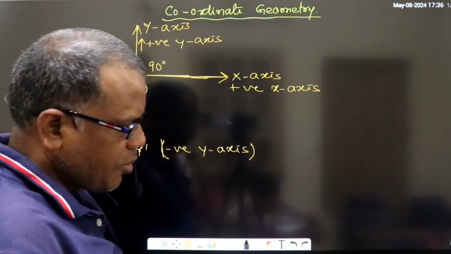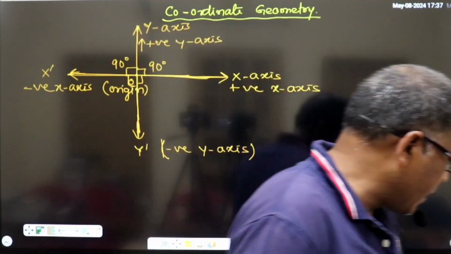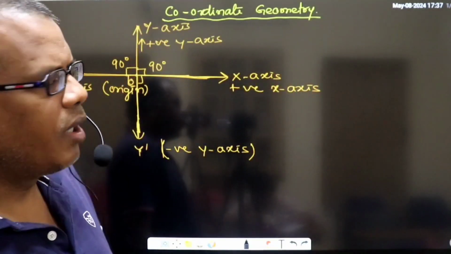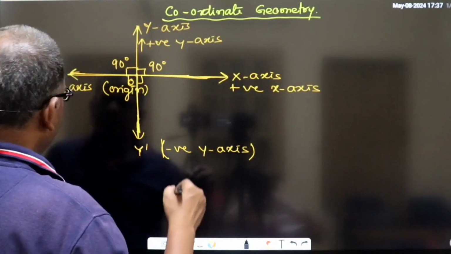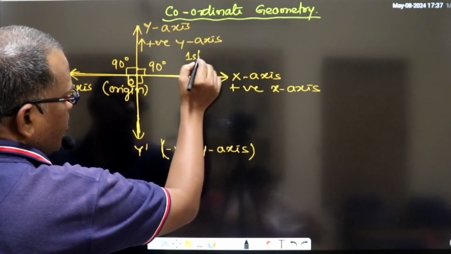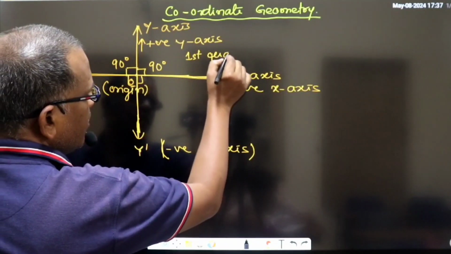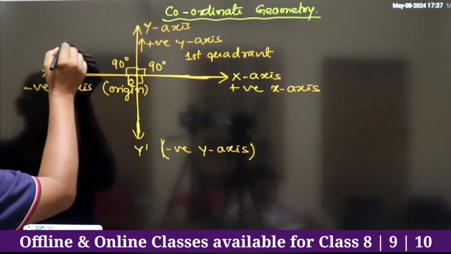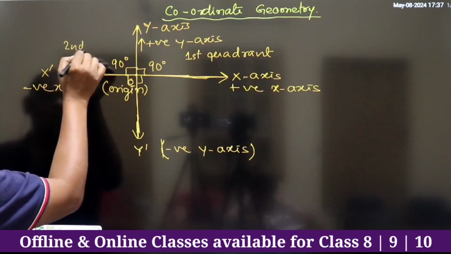The presence of these two lines, x and y axis, divides a plane into four segments, and these segments are called quadrants. So this is the first quadrant. This is the second quadrant.